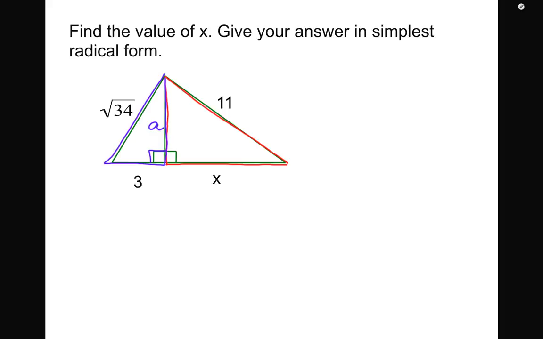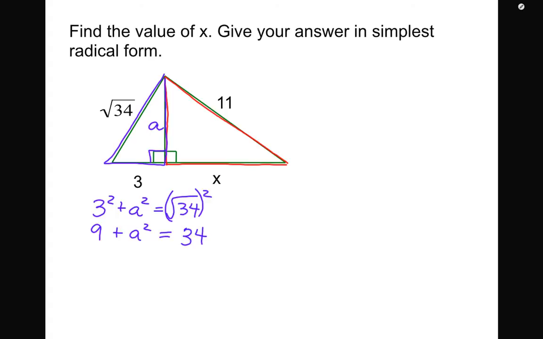Okay, if you're back, 3 squared plus A squared equals square root of 34 squared. 3 squared is 9. Square root of 34, when you square it, square root of 34 times square root of 34 comes out to be just a plain 34.